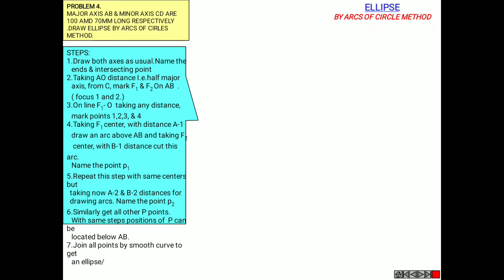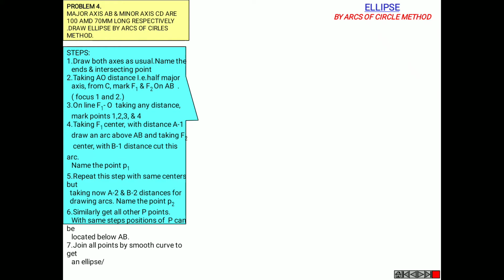The third step, on line F1 to O, taking any distance, mark points 1, 2, 3 and 4. The fourth step, taking F1 as center with distance A to 1, draw an arc above AB, and taking F2 as center with B to 1 distance, cut this arc. We will get an intersection; name the point P1.